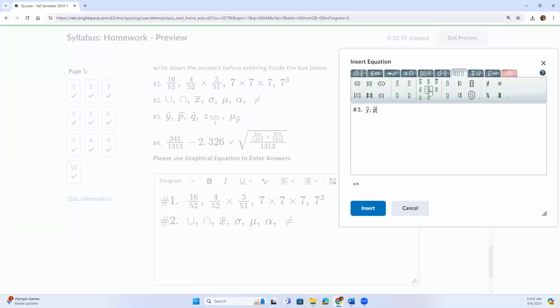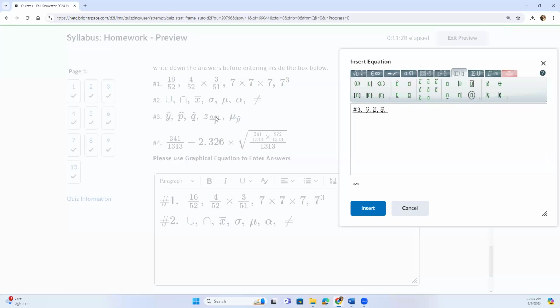P hat, comma, Q hat. Okay, so if you click on the outside of it, oh, see, that's not outside of it. So right arrow key is probably the better way. Just right arrow key. The cursor is a little bit bigger. See, the cursor is smaller. If I go to the right one place using my right arrow key, the cursor is slightly bigger.